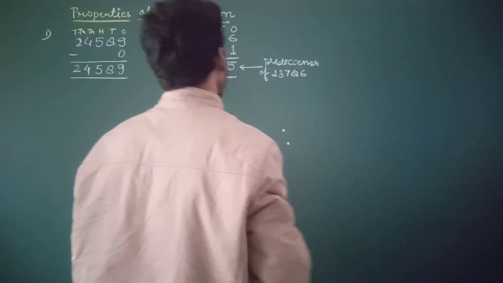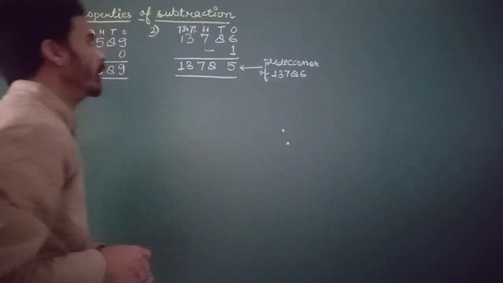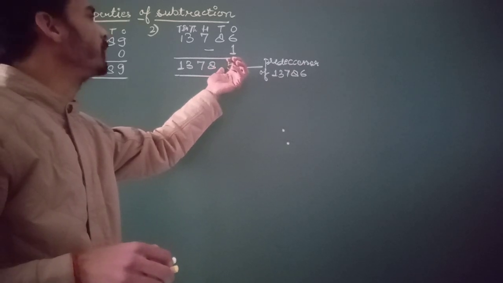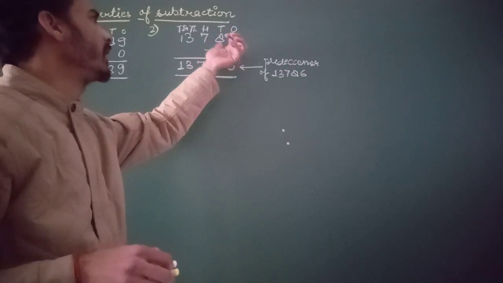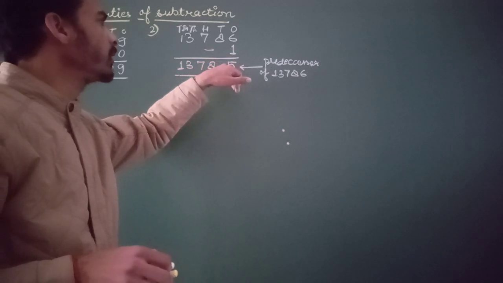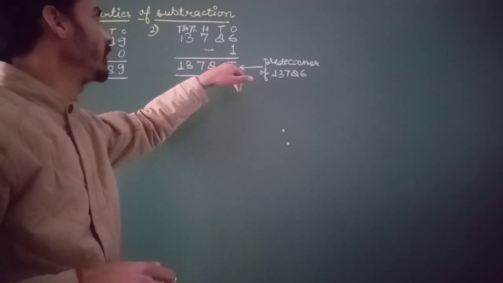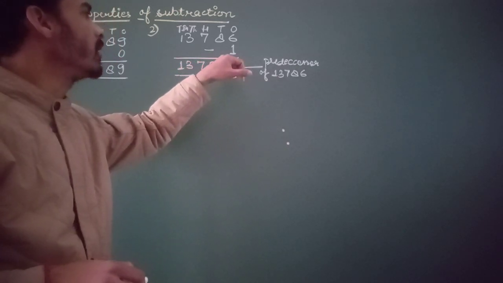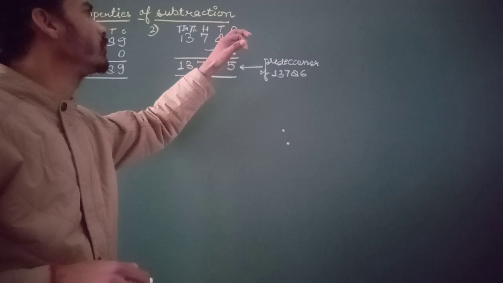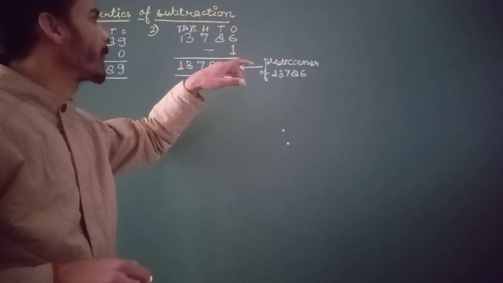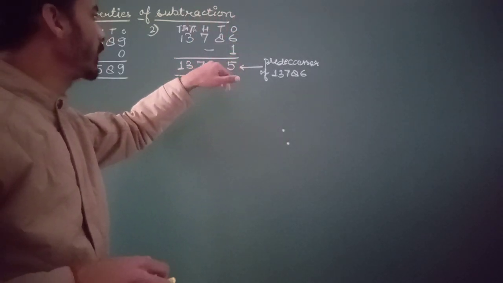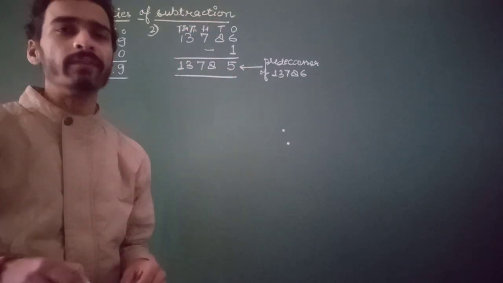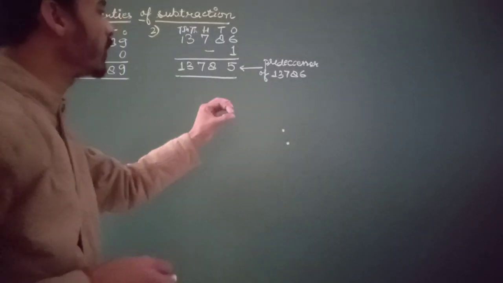Also, 13,785 comes just before 13,786, and 13,785 is 1 less than 13,786. So these are three facts.